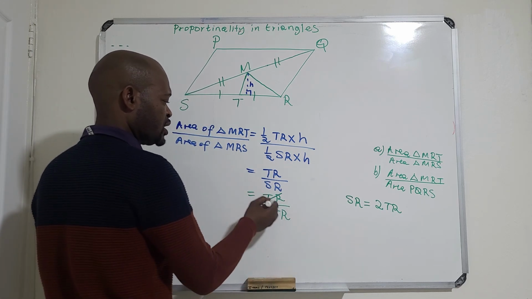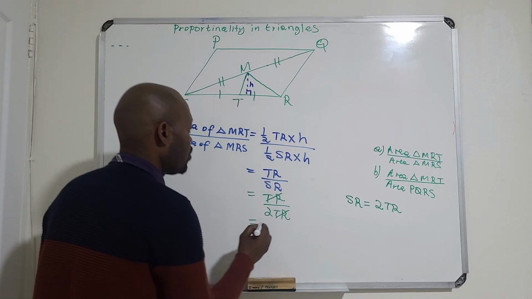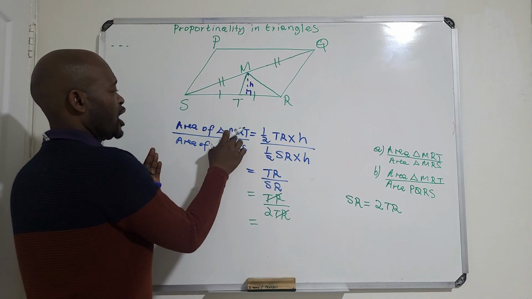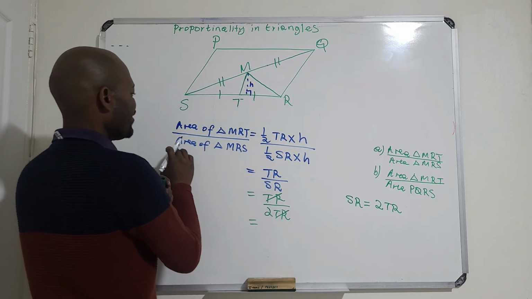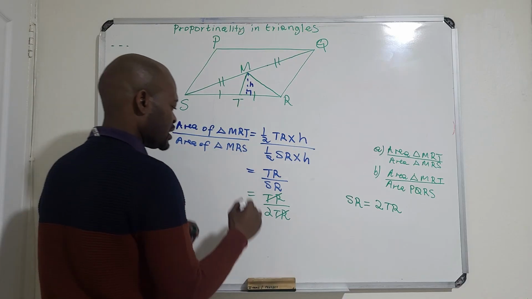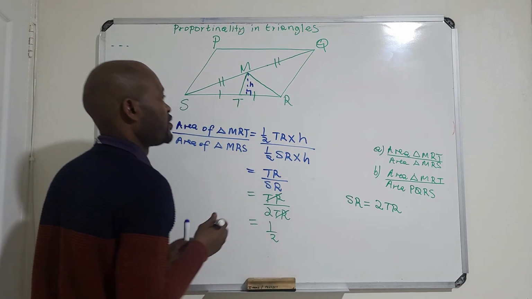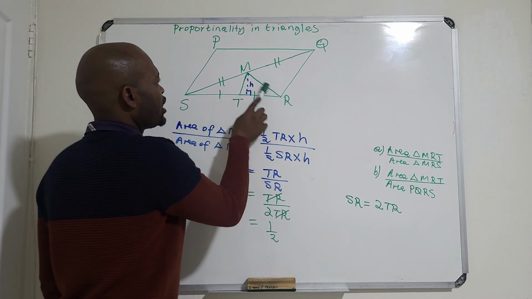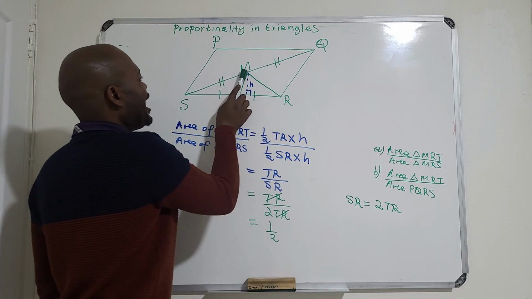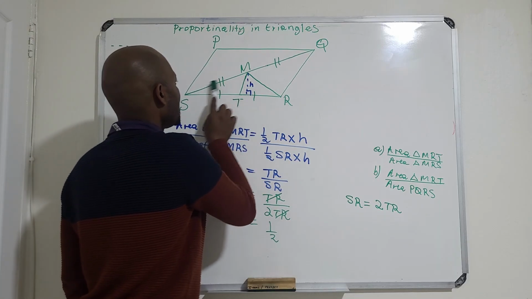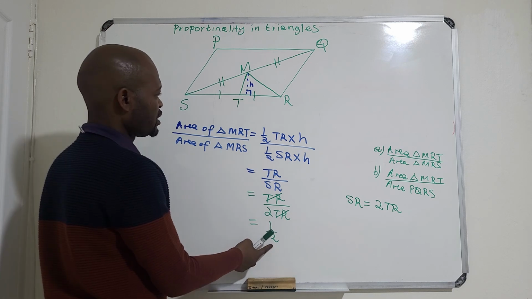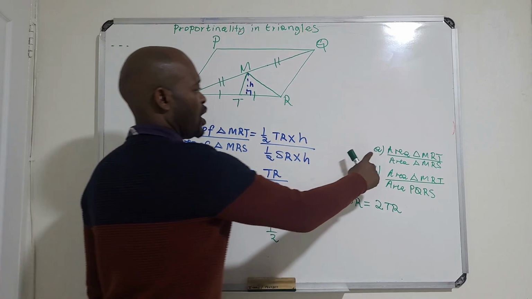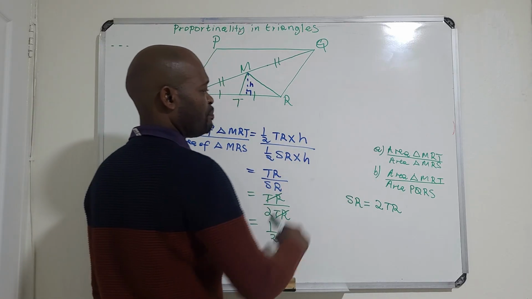Therefore, we can see that this can cancel with that. Therefore, the ratio of the area of triangle MRT over the area of triangle MRS is equal to half. So this simply means that the area of this triangle over the area of this triangle is half. That's what it means.